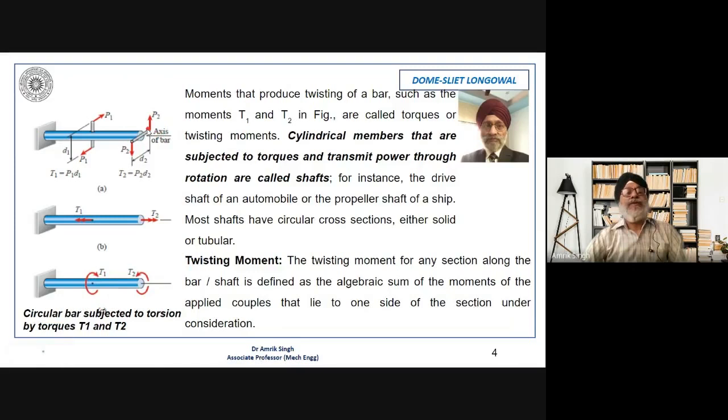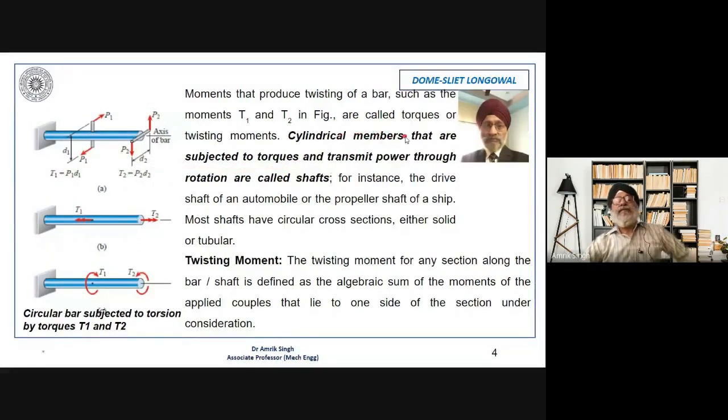If we are applying a moment, it will be P2 into D. So torque T1 will be P1 into D, because there is a distance between the two lines of action of the forces, and here it will be T2, P2 into D. So the moments that produce the twisting of a bar, such as the moments T1 and T2 in the figure, are called torques or twisting moments.